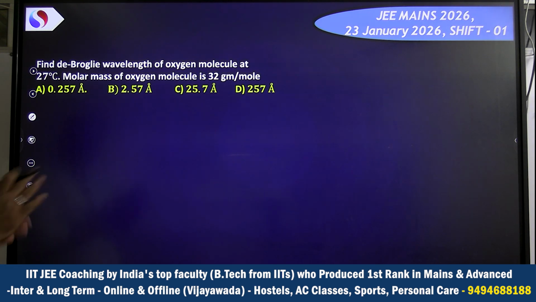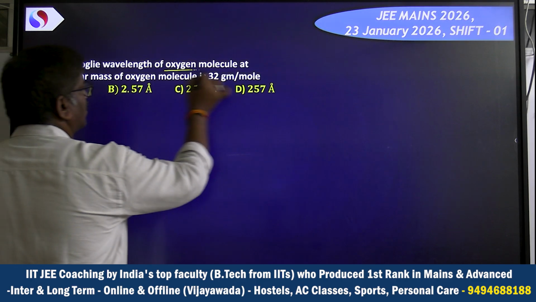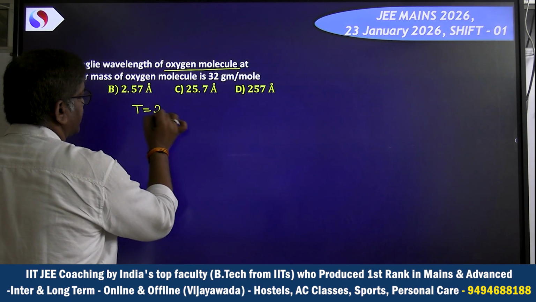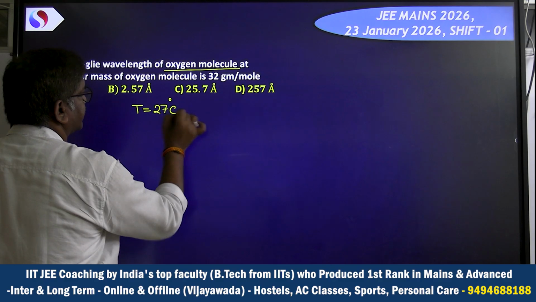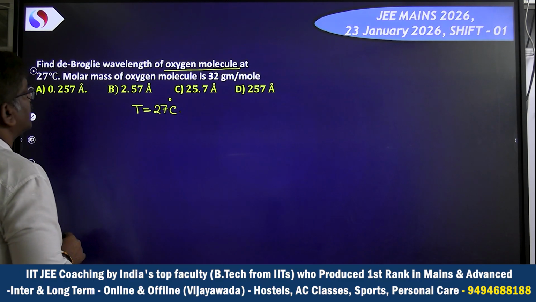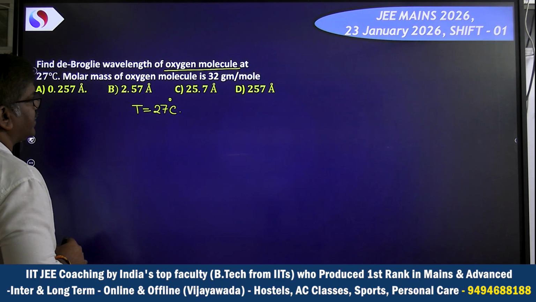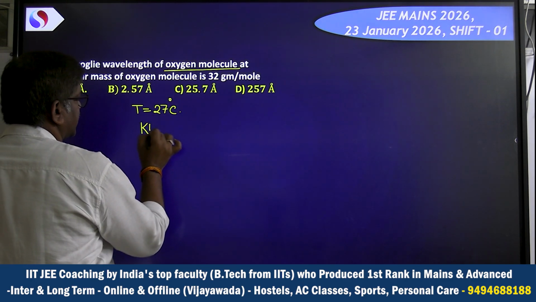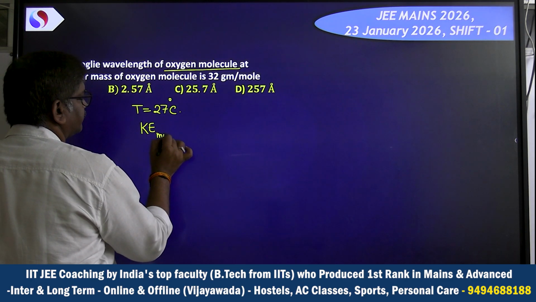Find the de Broglie wavelength of the oxygen molecule. Oxygen molecule, not the atom, at temperature 27 degrees centigrade. So what is the kinetic energy of the molecule?